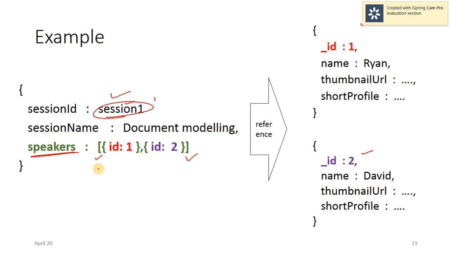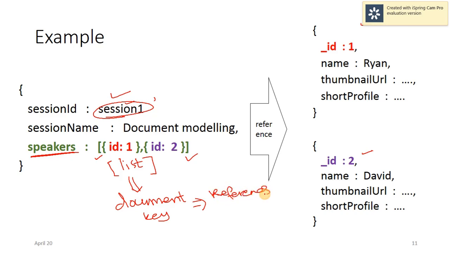What does this square bracket mean? It means that this is actually a list. This list will hold all of those document keys, and these document keys will be the referencing point.